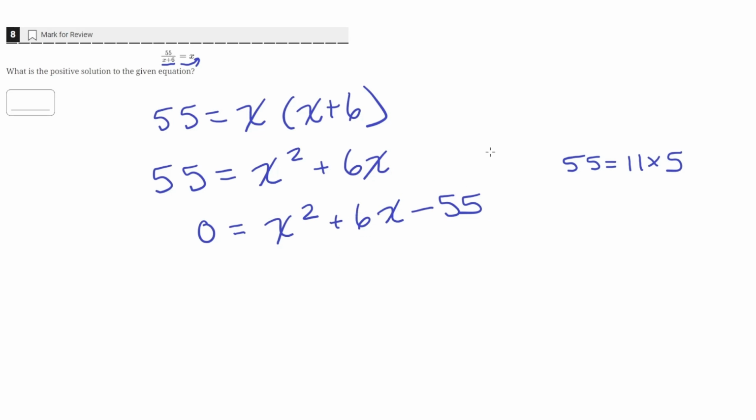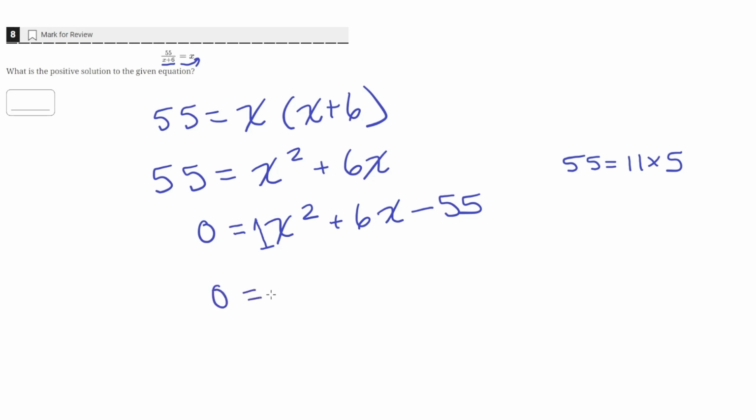So that's how we know that we can factor this by grouping, by looking at the factors of the a term, which in this case is just a 1, multiplied with the c term, which is negative 55, and the factors of negative 55 that can be added together to equal 6.